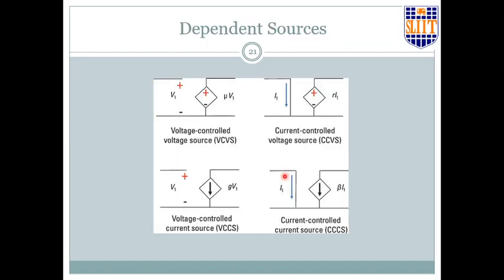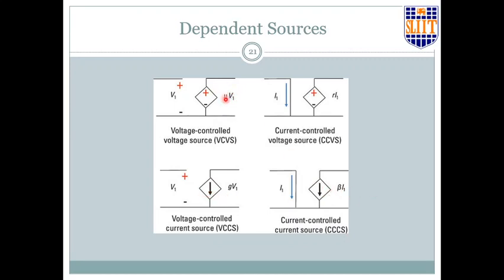Let's look at the case of dependence. In this case, it's a voltage that controls the voltage of the source. This is the symbol of a voltage controlled voltage source, and this is the symbol of a current controlled current source. And you can see the equation.